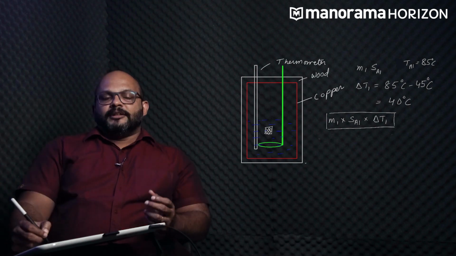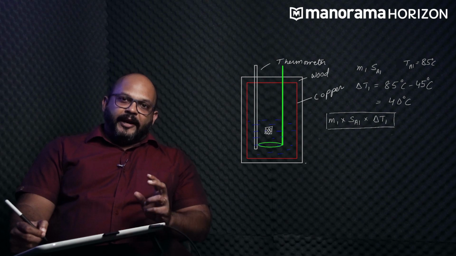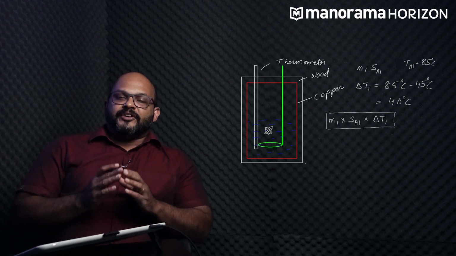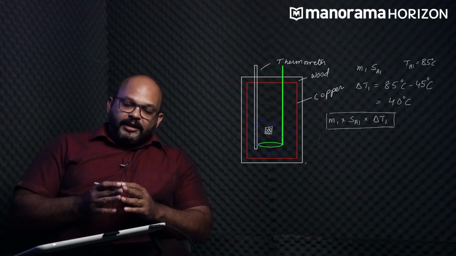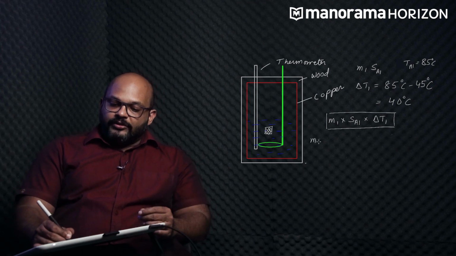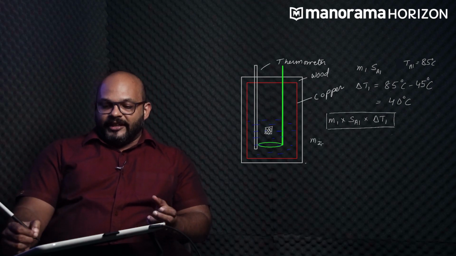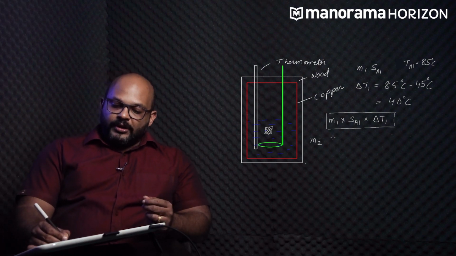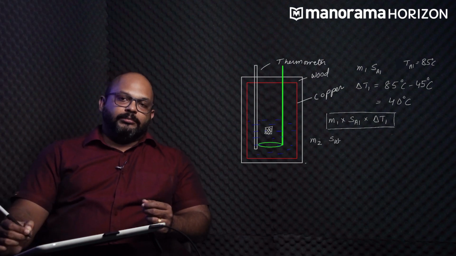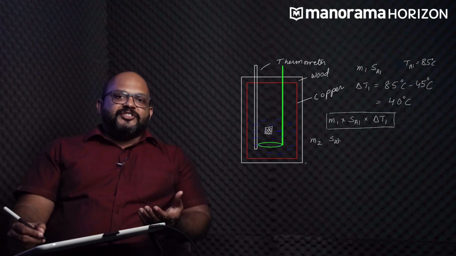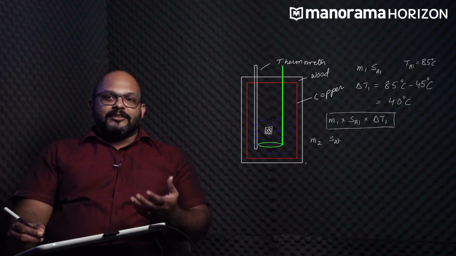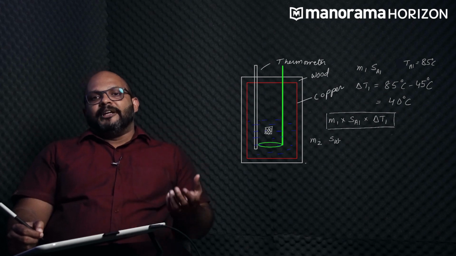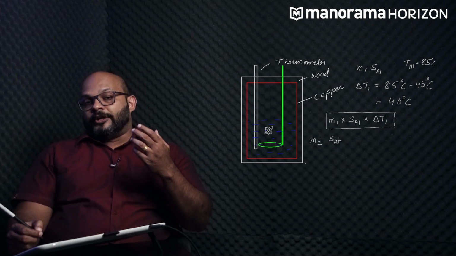due to being at a higher temperature compared to the water. Now, we have a predetermined amount of water already sitting inside the calorimeter. Let's say the mass of this water is equal to M2, and it has a specific heat per unit mass equal to small s subscript W. Also, it is undergoing a change in temperature. Let's say that it is gaining heat energy from the aluminum, which means its temperature is going to rise.